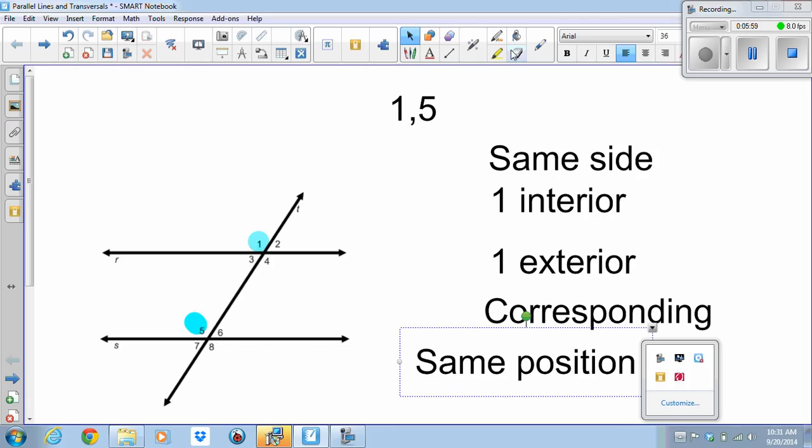That goes for different angles too. If we talk about things in the bottom right, 4 is in the bottom right and 8 is in the bottom right. So these two angles are corresponding. Notice they're both on the right, so they're same side. 4 is interior and 8 is exterior.